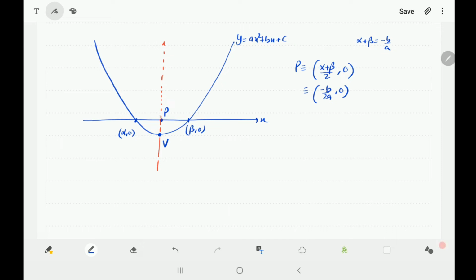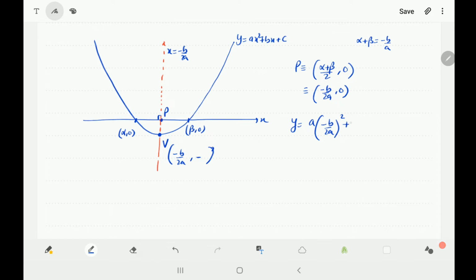The vertical line passing through P, which is perpendicular to the x-axis, will have the equation x equals minus b by 2a. Now we know that the vertex V lies on this line, so its x coordinate will be minus b by 2a, and we have to find the y coordinate of this point V. Because V lies on the parabola ax² + bx + c, the y value can be obtained by putting x as minus b by 2a.